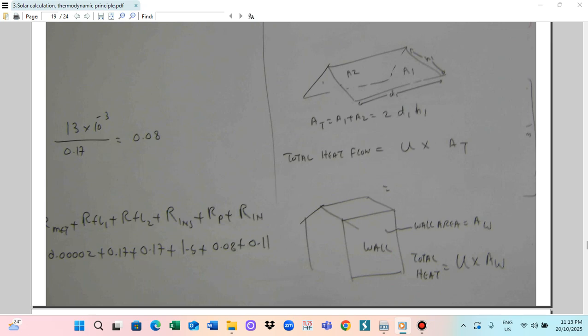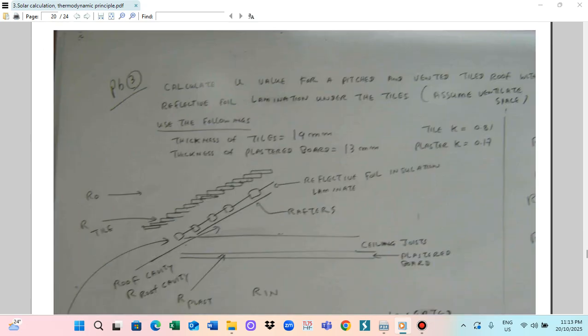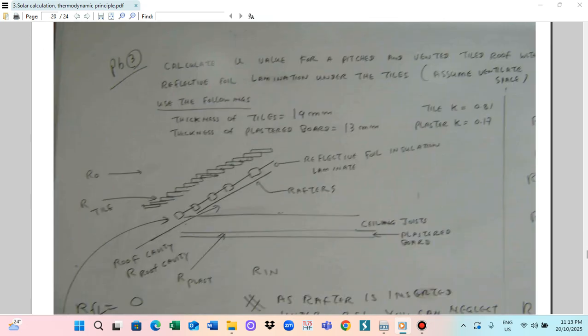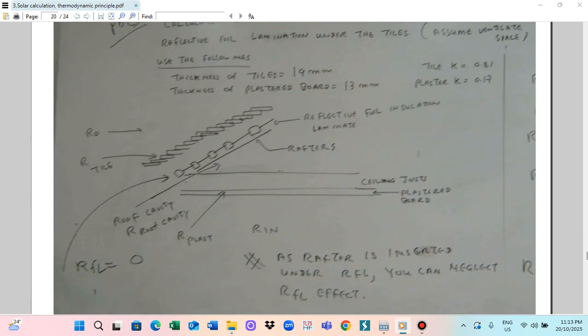Okay, this one we also have to calculate the R. So for this construction, firstly you see the outside. Outside is R0, and this is the R tile. The tile is given, the thickness of the tile is 19 millimeter. And also plus this system. Here we put the reflective foil insulation. But under the reflective foil we put a rafter.